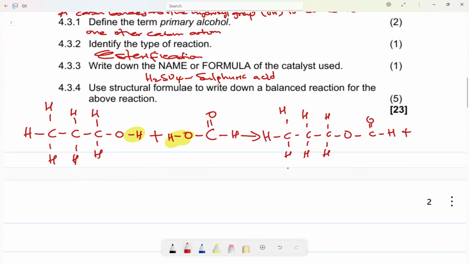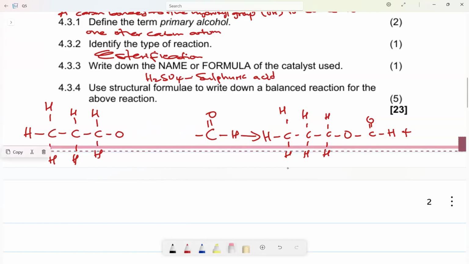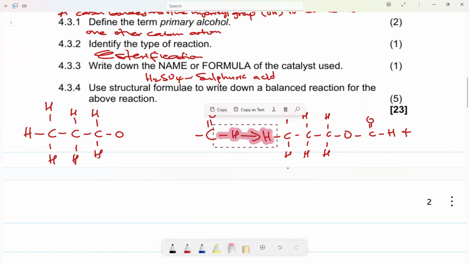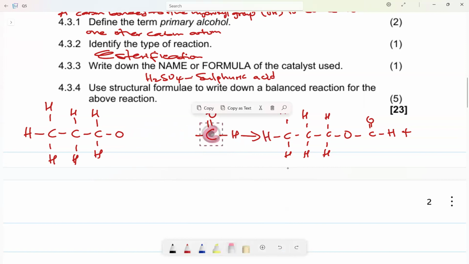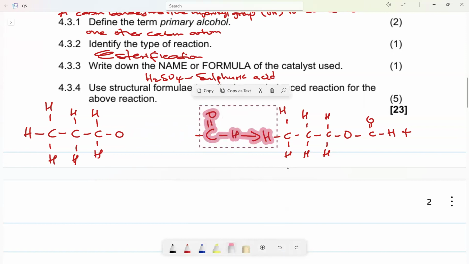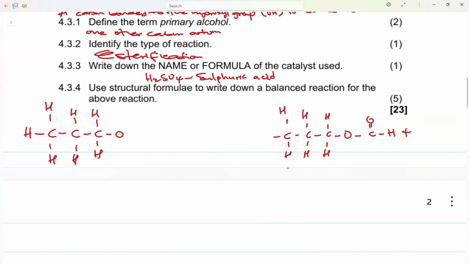After removing these two, you just combine these like that.